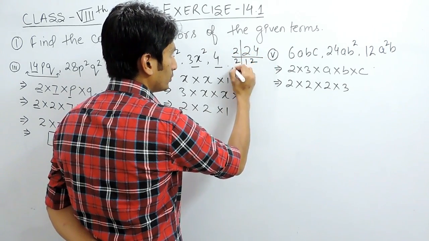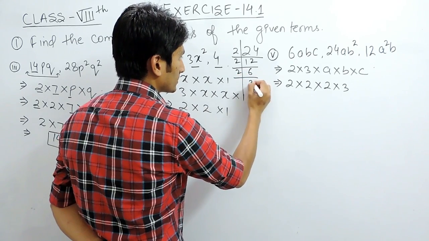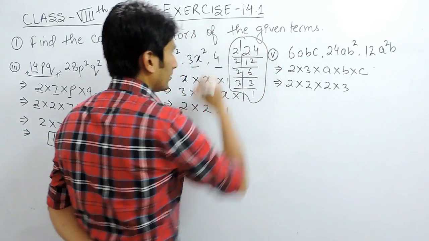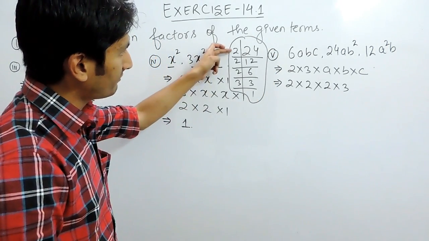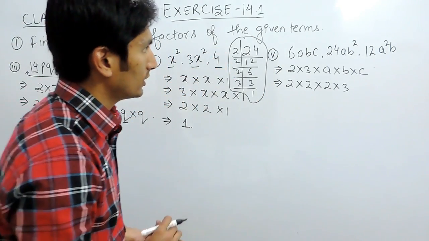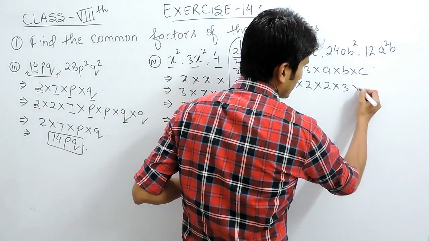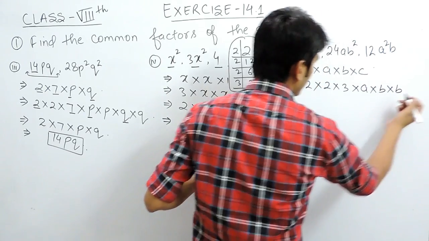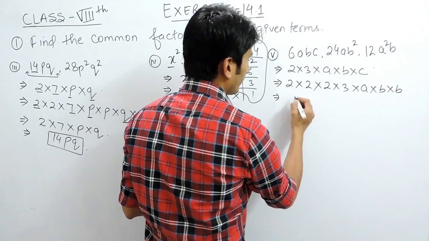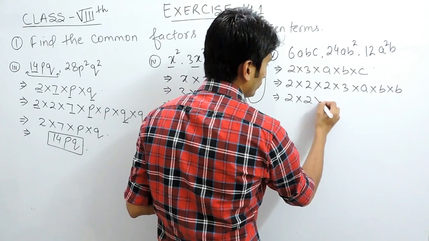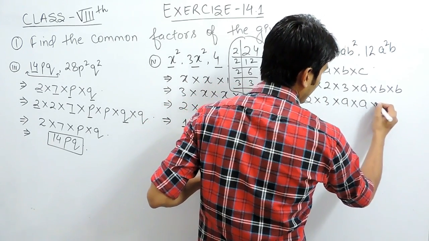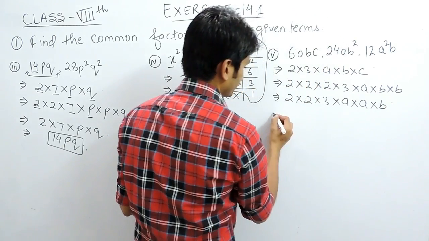This is 12, 2 this is 6, 2 this is 3, and 3 1. So this is how we can find the factors of 24, and this is multiplied by a and a and b and b. And in the third, 12 can be written as 2 multiplied by 2 multiplied by 3 multiplied by a multiplied by a multiplied by b.